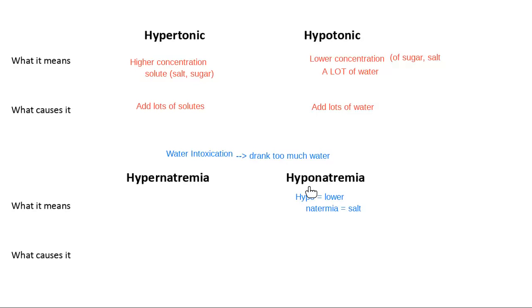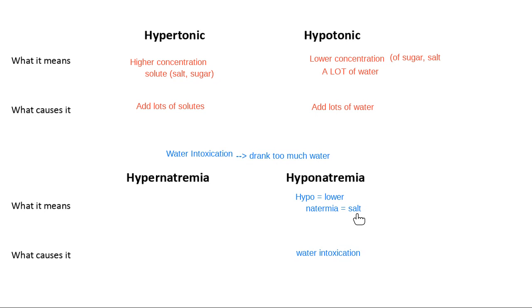To make your blood have hyponatremia, you just drink too much water. So the relationship between water intoxication and hyponatremia is, if you drink a bunch of water, the level of salt in your bloodstream goes down.